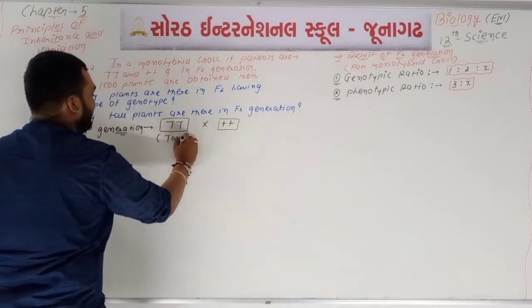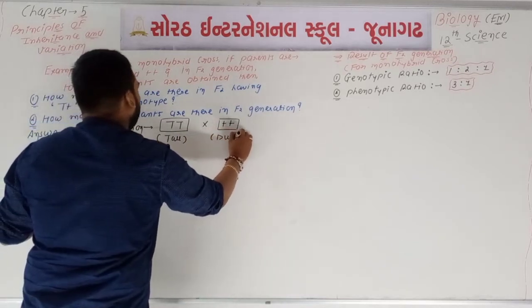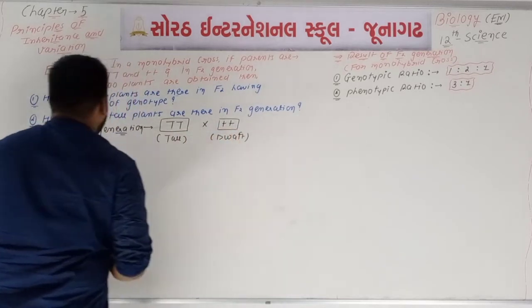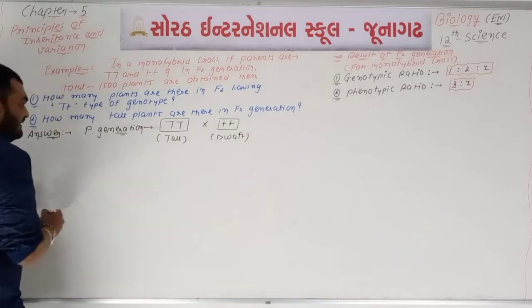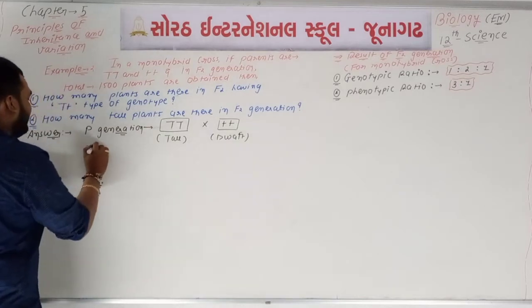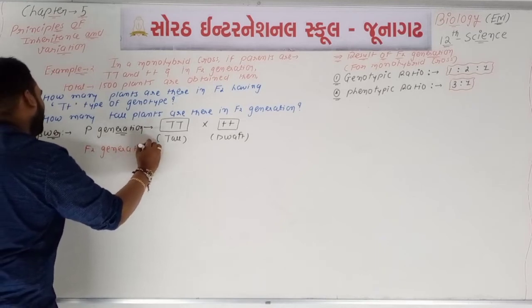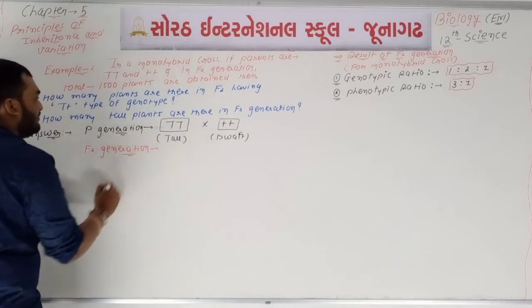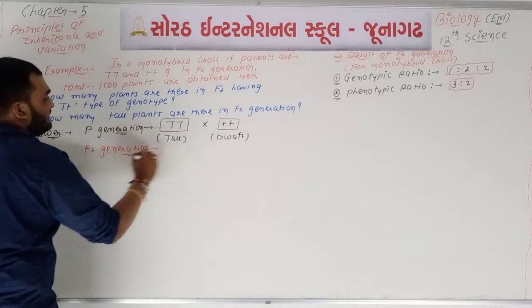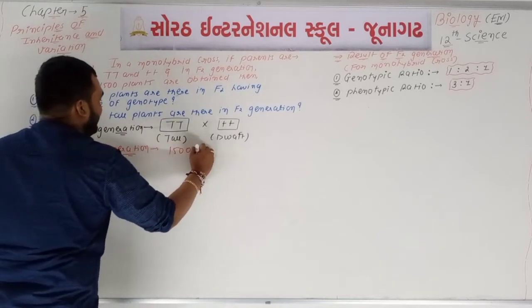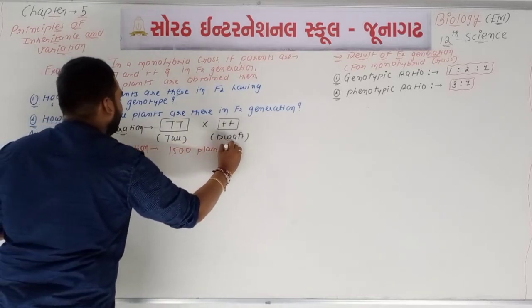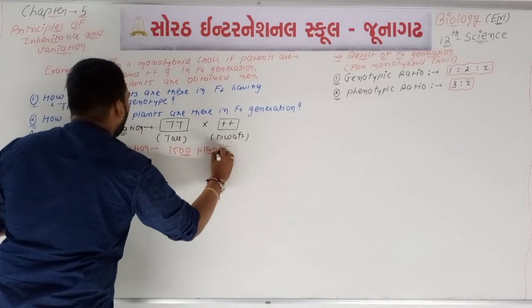So it is a tall plant, and here it is a dwarf plant. In F2 generation total 1500 plants are there.